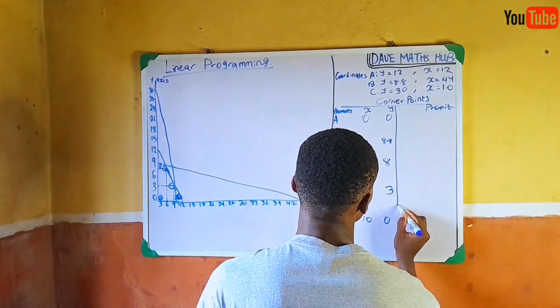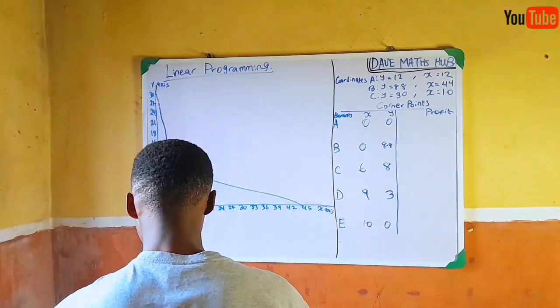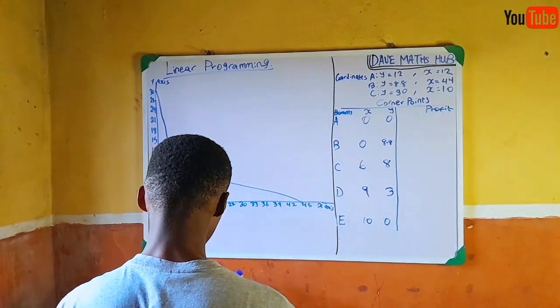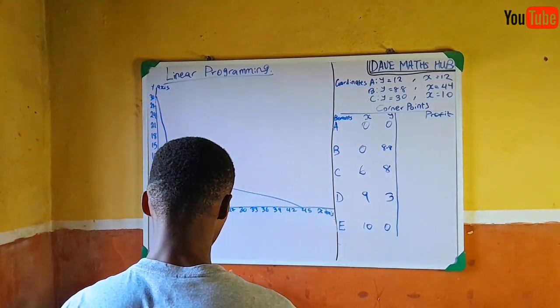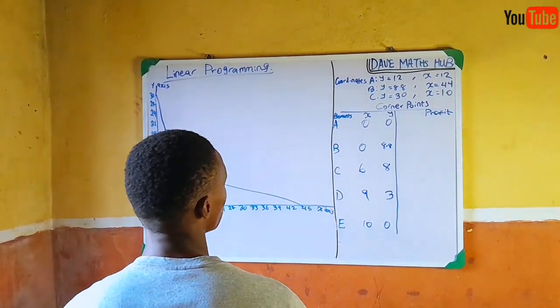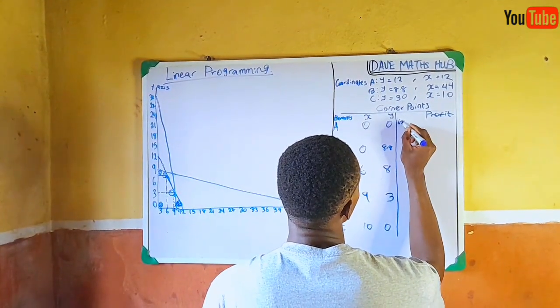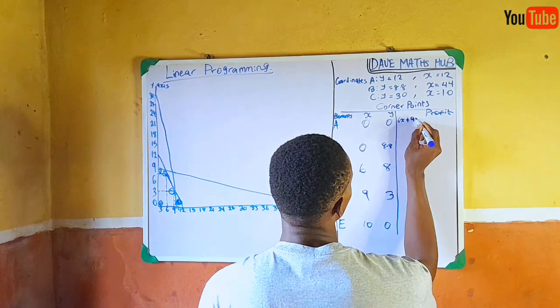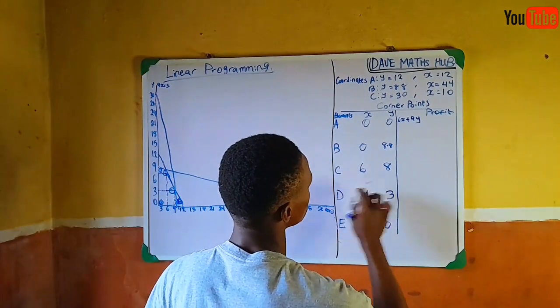And how do we attain the profit? Through the question, which says that a profit for P1 is 6 naira and for P2 is 9 naira, which if you remember, we said something like this: 6x plus 9y. So start substituting.